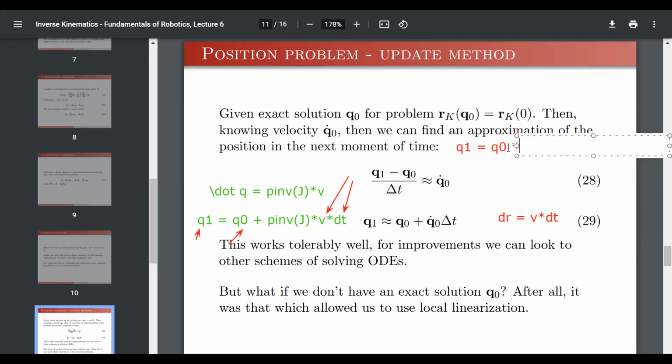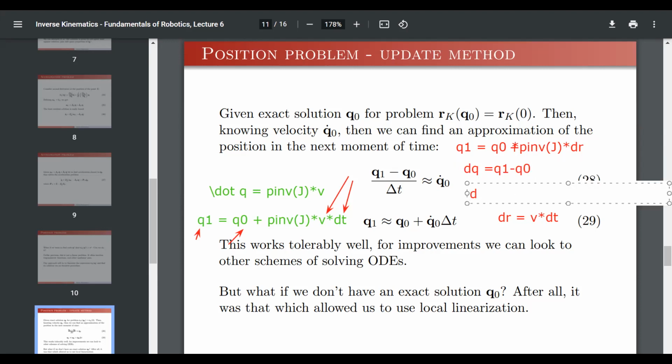There was a plus here, not multiplication, of course. There's a plus. And if you even define delta q as q1 minus q0, then it becomes even more cute. It becomes dq equal to pinv of J times dr.